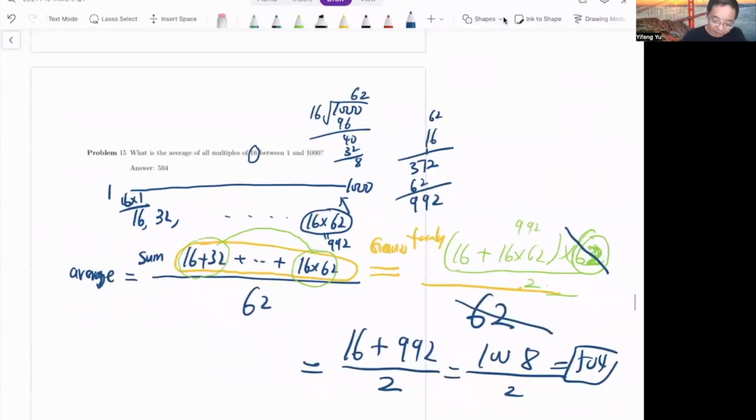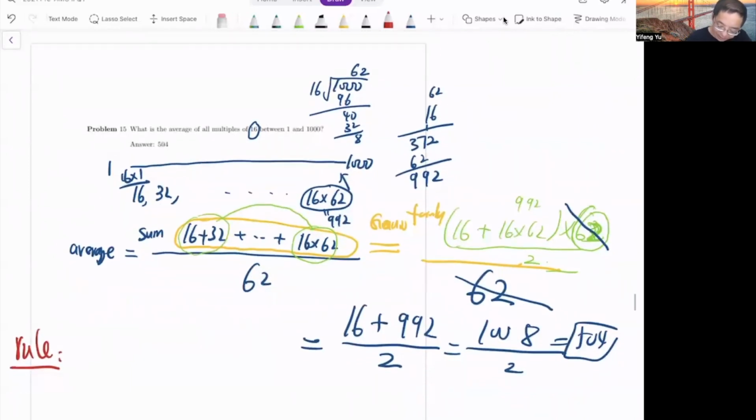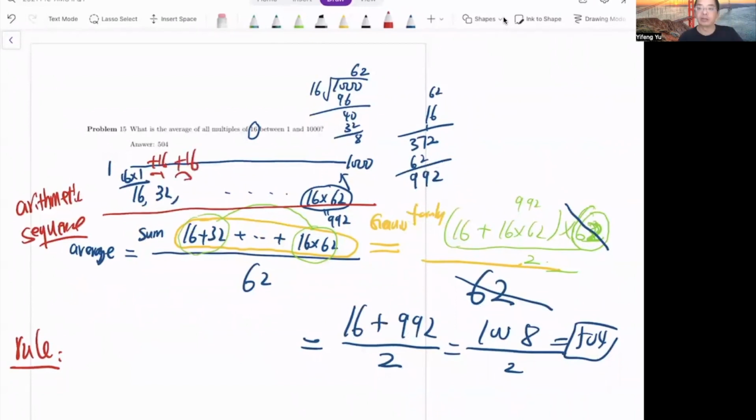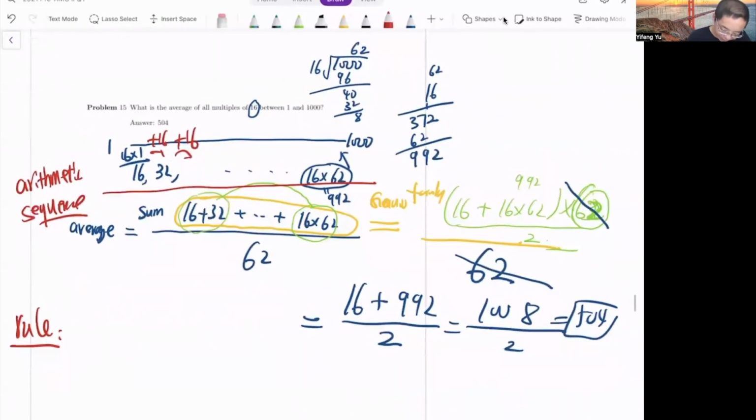From this computation, we basically get a rule. Here we have an arithmetic sequence, because each time you go up by 16. So what is the conclusion?